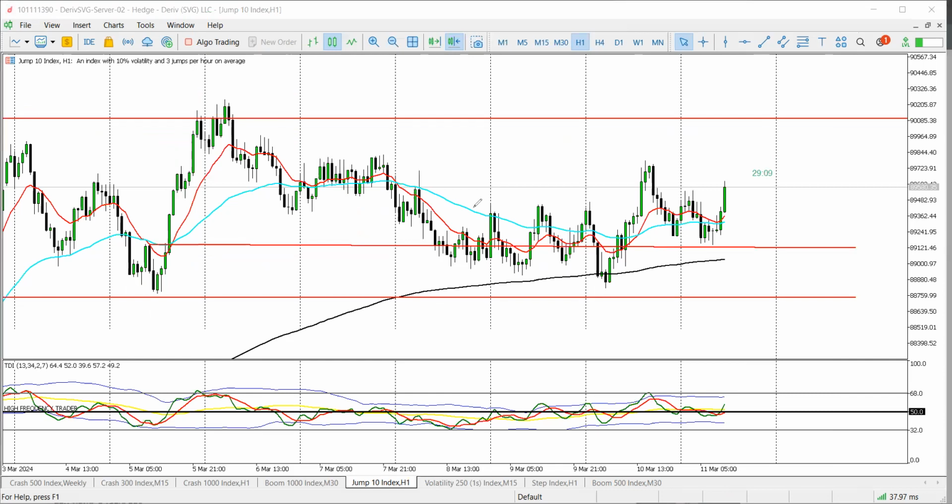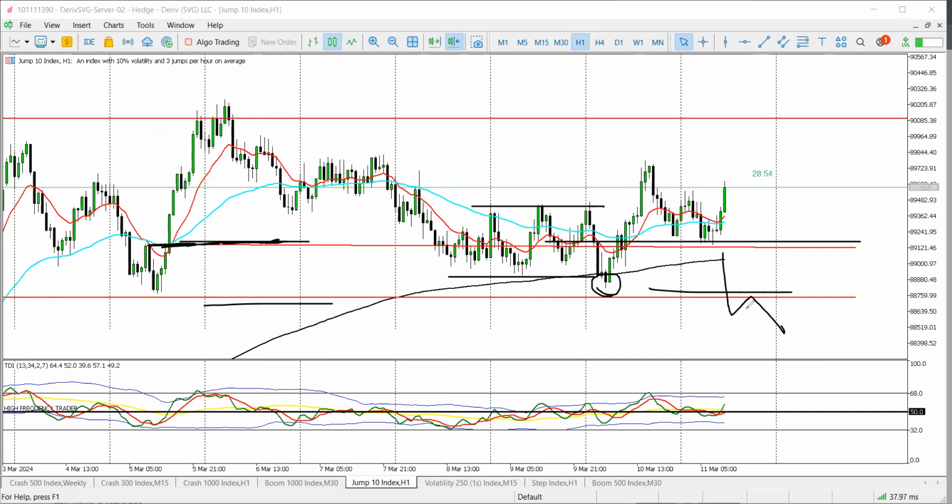So from this particular range, you see that we broke out on the bottom side. Remember, this is our H4 demand zone, right? This area and this area. So until we break below this whole zone, we cannot sell, right? However, we can buy because there's still room to go to the top side.